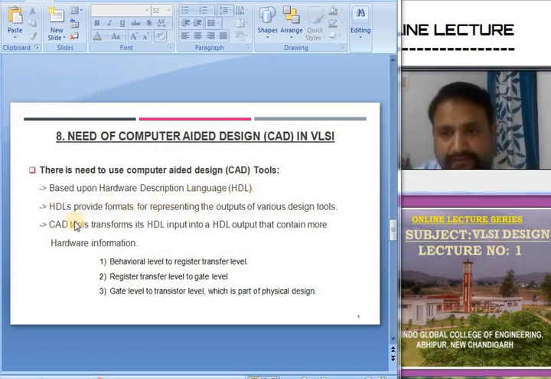So with the help of this hardware description language, we can simulate the system and get the desired output before the actual fabrication of the device. So CAD transforms its hardware inputs into an HDL output that can contain more hardware information. In this we will be covering behavior level, register transfer level, and gate level to further explore the topic.